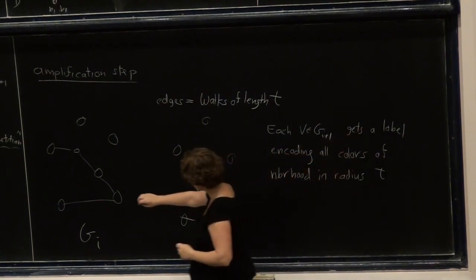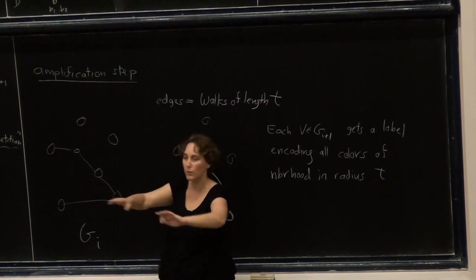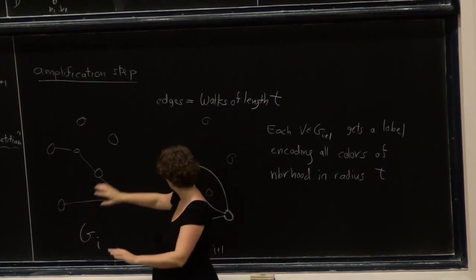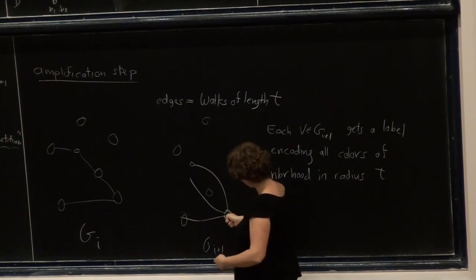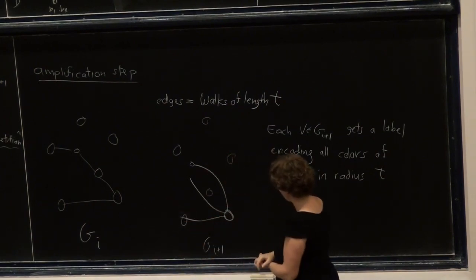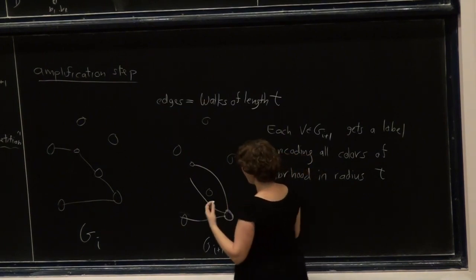It's like each vertex polls its neighbors and asks them, I want to know your colors as well. The label that it gets doesn't only say what the color of this vertex is, but what all the colors of this whole neighborhood are. Okay, and now what is the constraint?